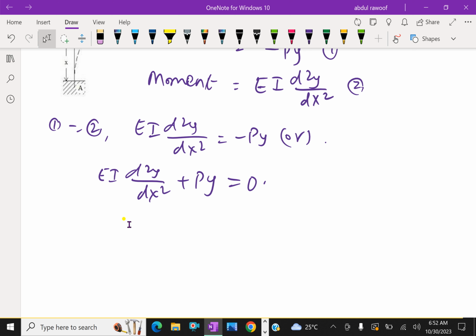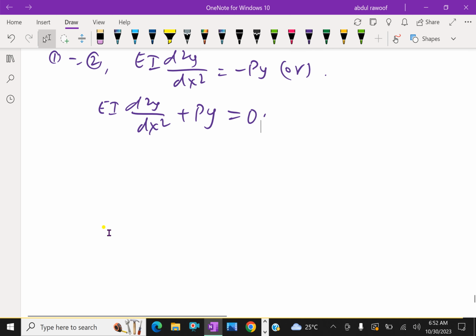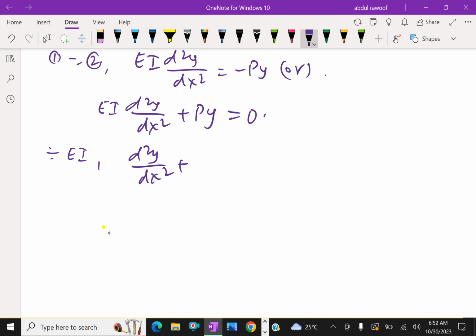Now, dividing throughout by EI, we have d squared y by dx square plus P over EI y equal to 0.